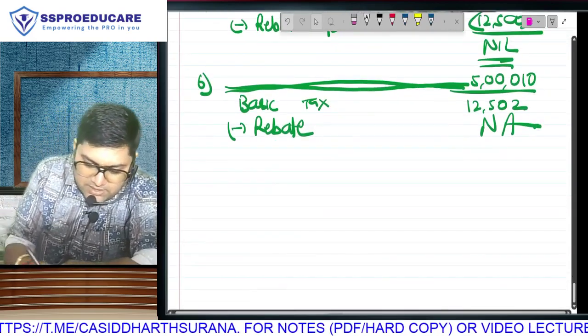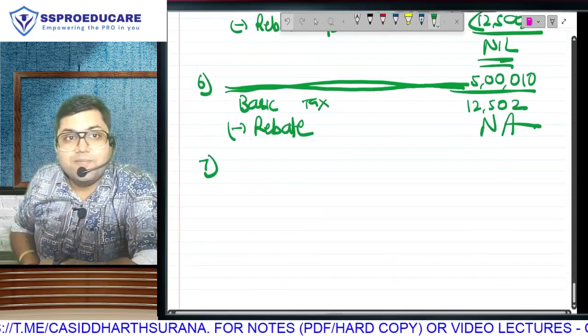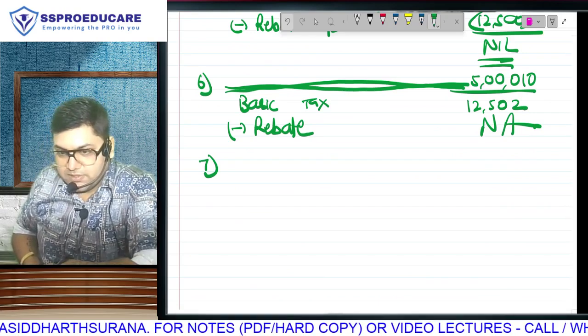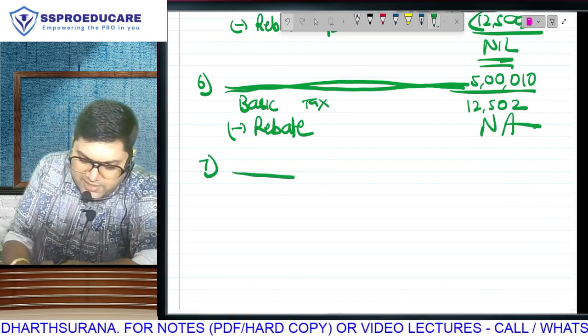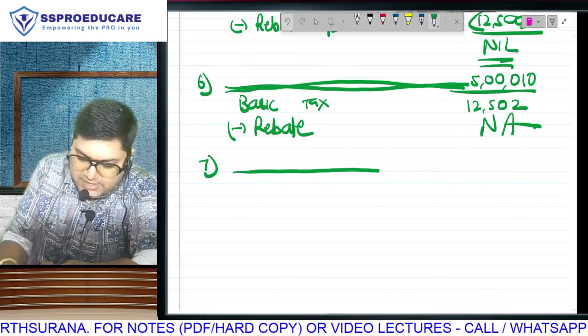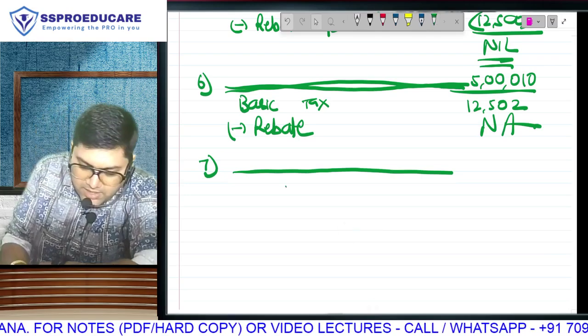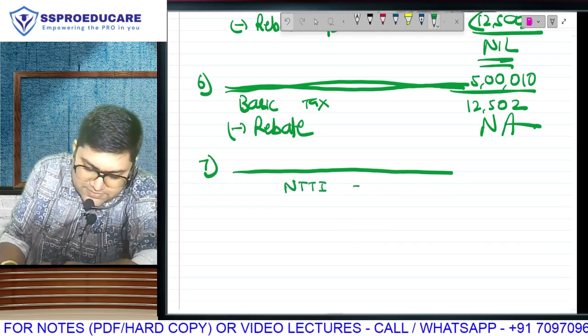Sometimes your incomes will contain income taxable at special rate. Is that possible? Supposing all the data is same. So Mr. S, resident, 22 years, all the data is same. Net taxable total income is like this.